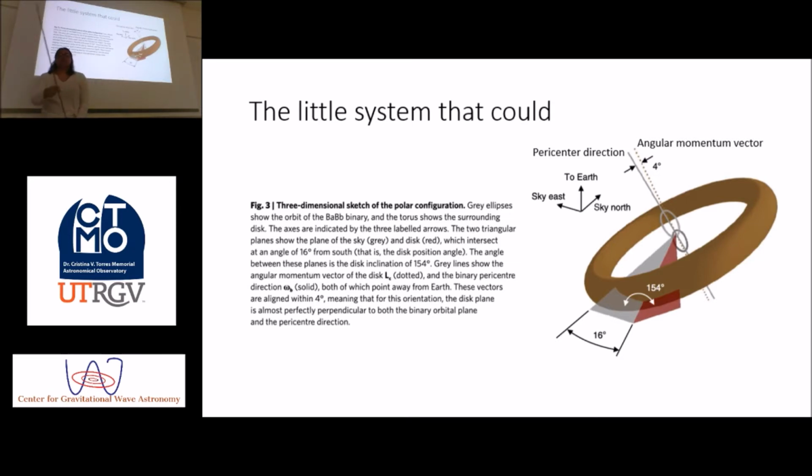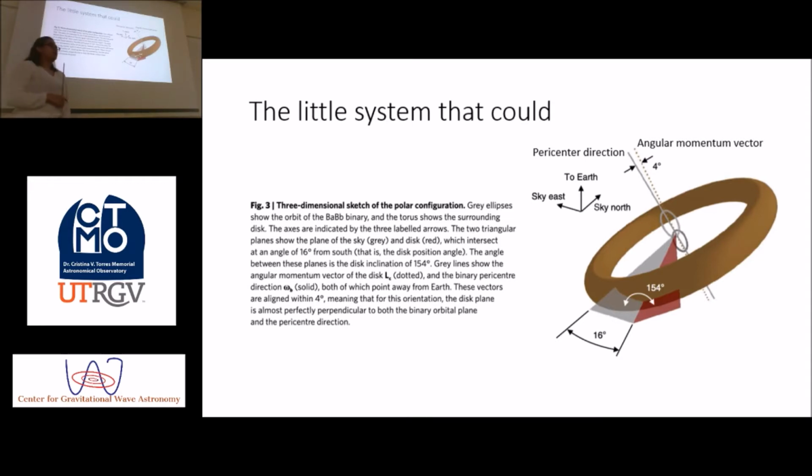Yeah? What are those two rings? Oh, the two rings are the orbits of the stars in the binary. How many stars? Two. I will show another image that shows the orbital path of the second binary system in a second.